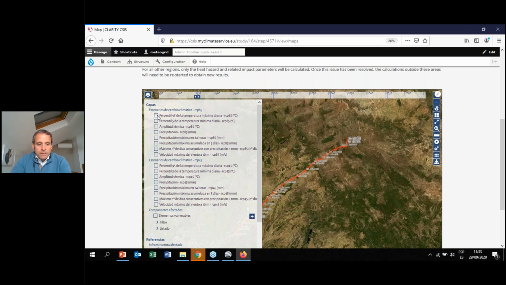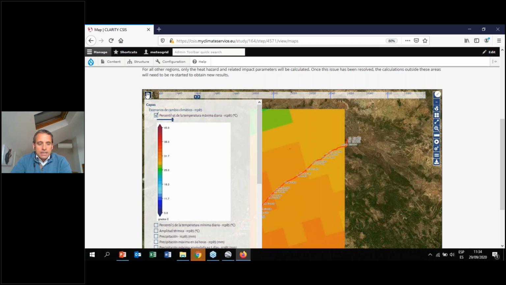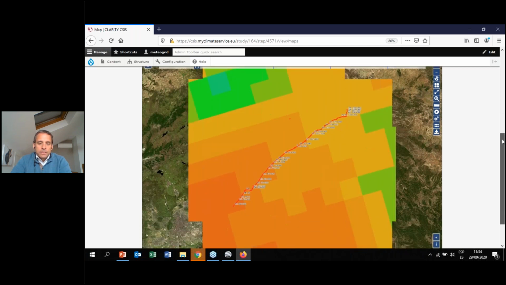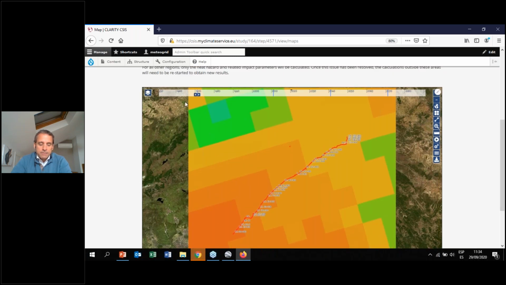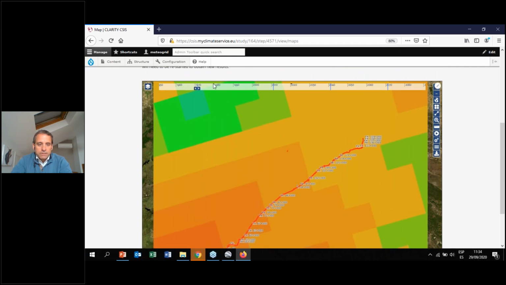So for example, if we select maximum daily temperature, this one, the system gets the values, okay, from each point along the road and gives you an overview of, well, in this case it's in the year 1970, so past climate, but we can move along this bar up here, and we can move along the years, so we can have estimations.